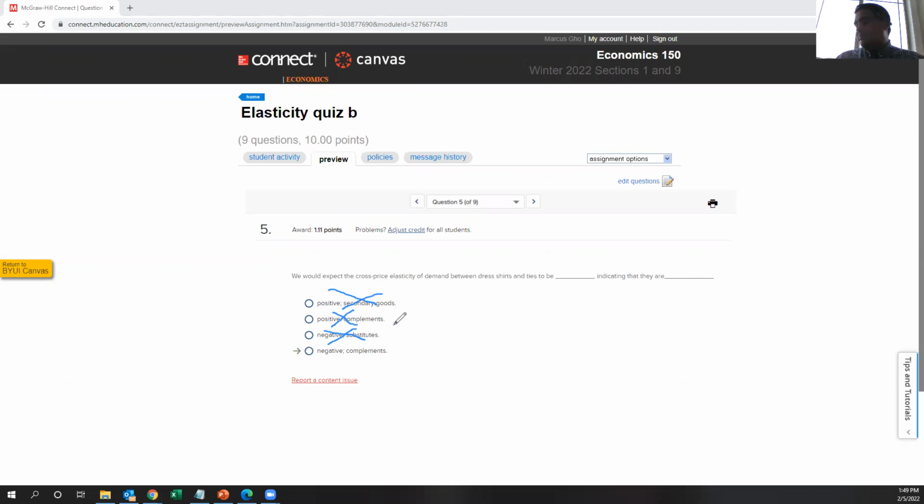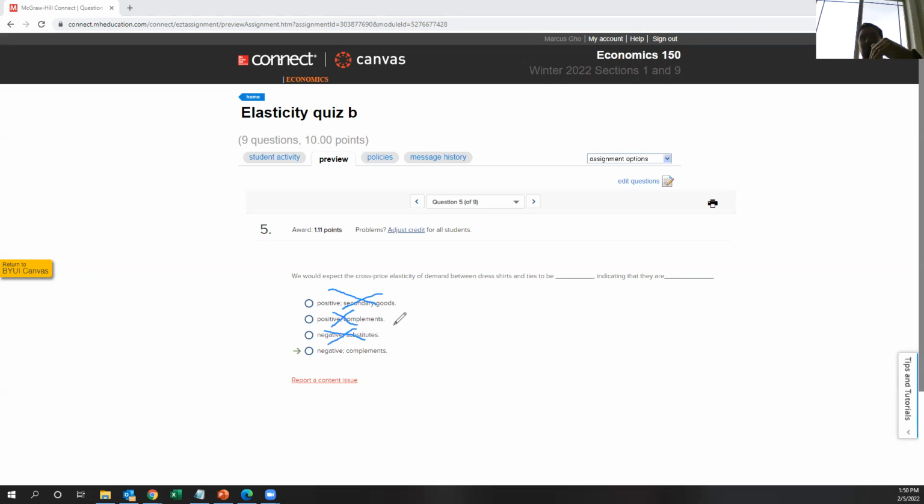But if you think about it this way, if the price of ties goes up, the quantity demanded of ties will go down. And if the two of them are complements, you would expect the quantity of shirts to go down as well. If the price of ties goes down, we'd expect the quantity of ties to go up, which means the quantity of shirts would go up if they're complements.